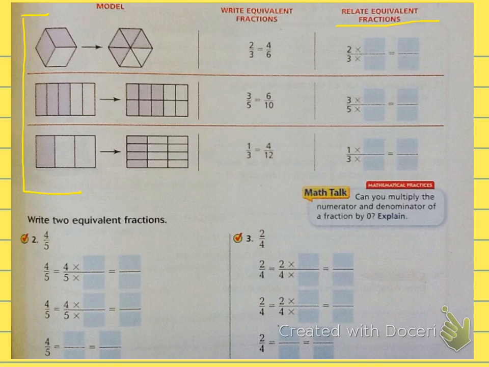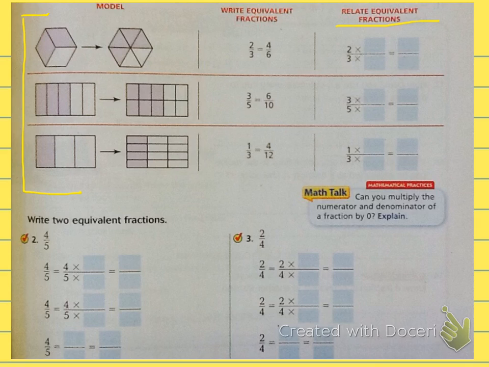So you're going to change 4/5 to 2 different equivalent fractions, and in the bottom you'll list all 3, 4/5 and the 2 that you found. And you can multiply it by any number you want, but just remember, both the numerator and the denominator have to be multiplied by the same number.